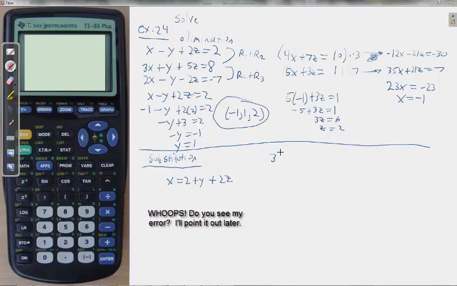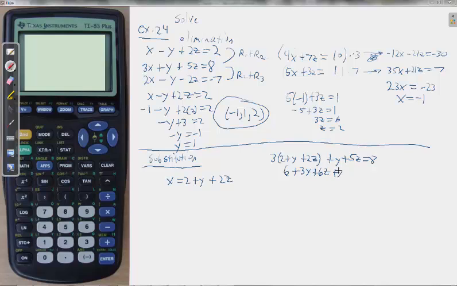So I have 3 times 2 plus y plus 2z plus y plus 5z equals 8. So I get 6 plus 3y plus 6z plus y plus 5z equals 8. No, I'm sorry. I get 4y plus 11z equals 2.